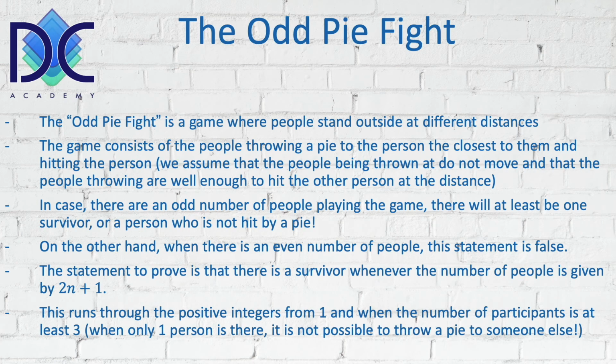Now, this runs through the positive integers from 1, and it means that the number of participants is at least 3. You can imagine there is no game when there is only one person. So basically, when there is only one person, the game doesn't exist. So for n equal 1, we will have 3 people participating in the game.